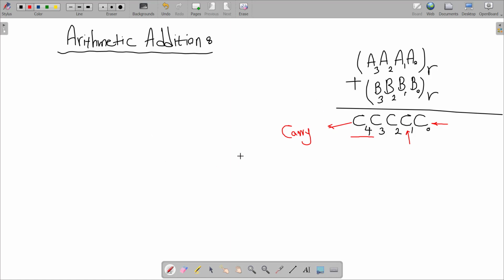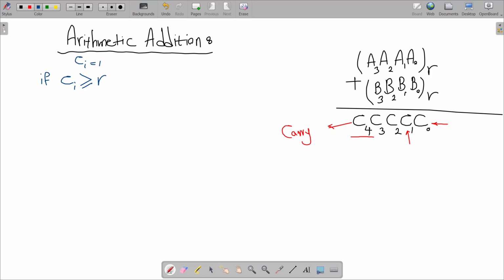If I want to write an algorithm, I can say that if one of these C0, C1, C2, C3 is greater than or equal to R, then we have to subtract R from that Ci. So what is the Ci?